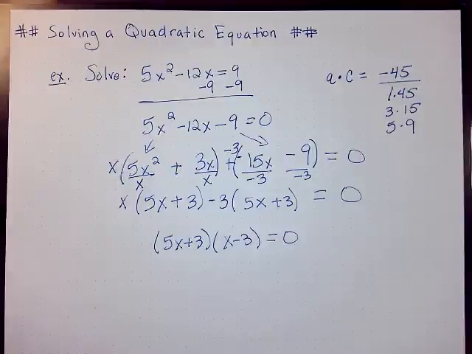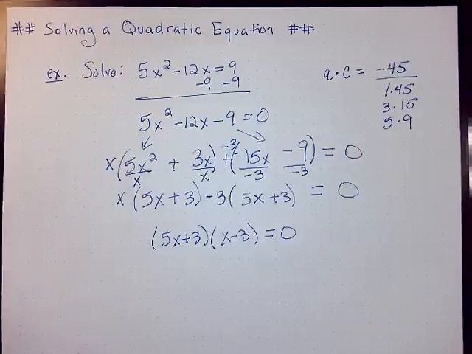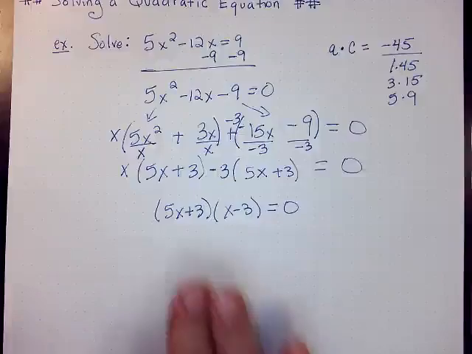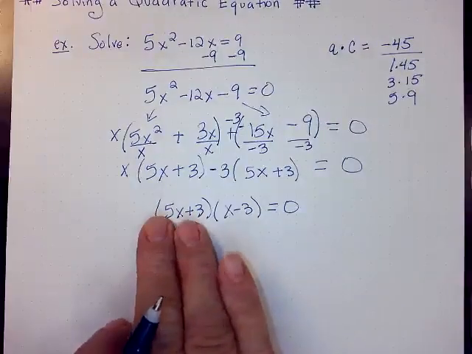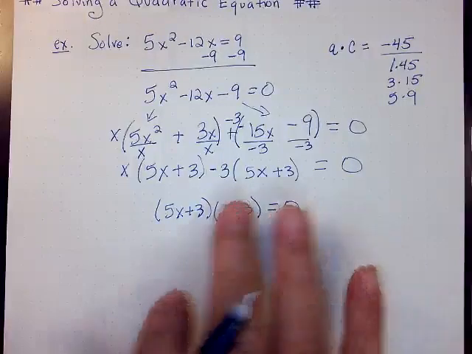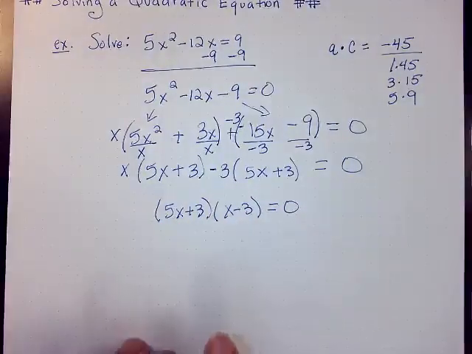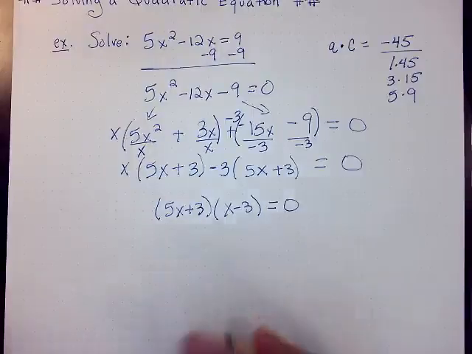Most of this should look familiar if you've done factoring already. But the next step is where we change just a little bit because this is an equation. We can use what's called the zero factor theorem to solve this equation and figure out the solutions. The zero factor theorem states that you can set each of these factors equal to 0 to figure out the solution to this equation.